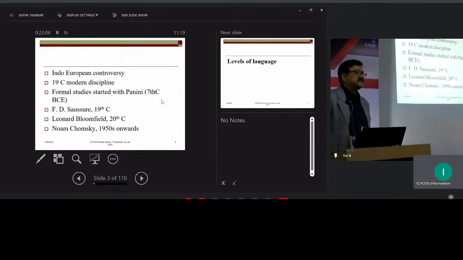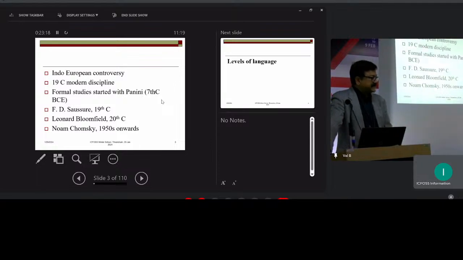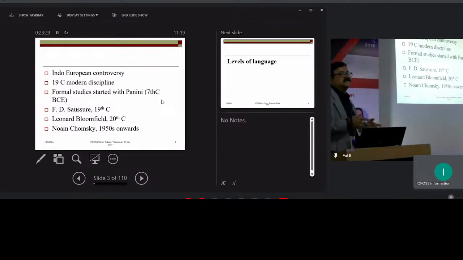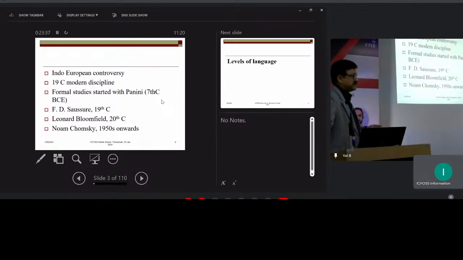So Chomsky has been phenomenal. His books, 1957, Syntactic Structures, followed just eight years later, in 1965, by Aspects of the Theory of Syntax. In the two books, he comes up with a possible model of grammar in the human brain. I looked at that model very closely, and I looked at Panini's model very closely. I found Panini to be dominating and to be the inspiration for Chomsky.